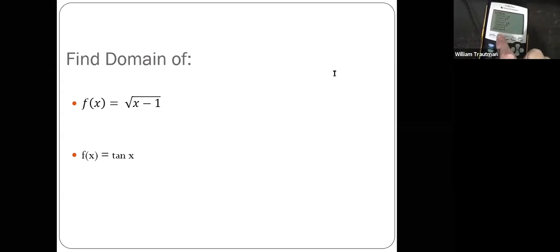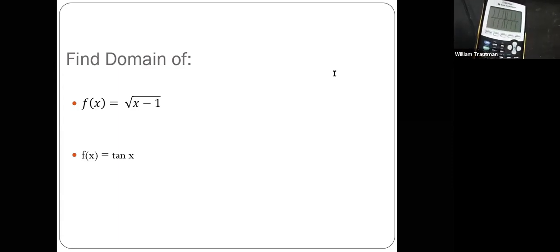My window is normally set at -10, 10, 1, -10, 10, 1, where the x-axis is from -10 to 10 and the y-axis is from -10 to 10. And when I graph that, I have the function tangent of x. This is what it looks like.